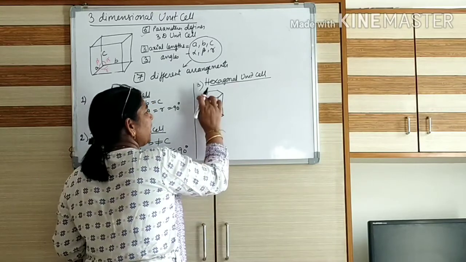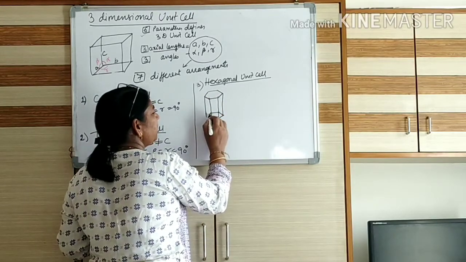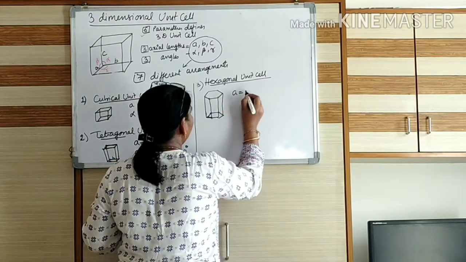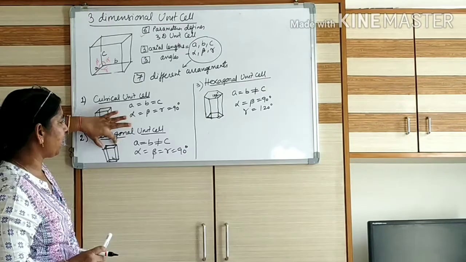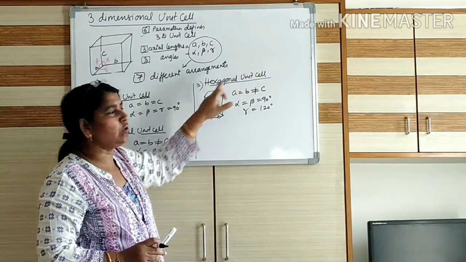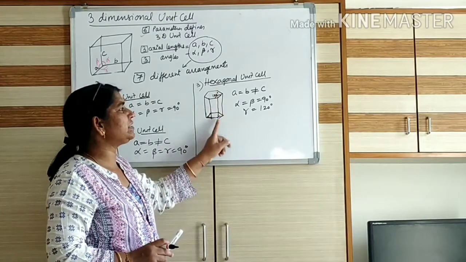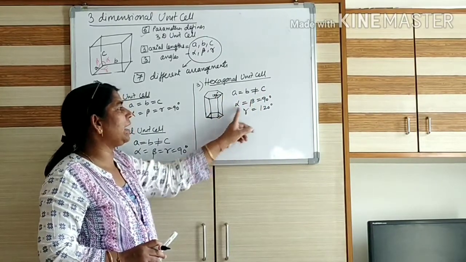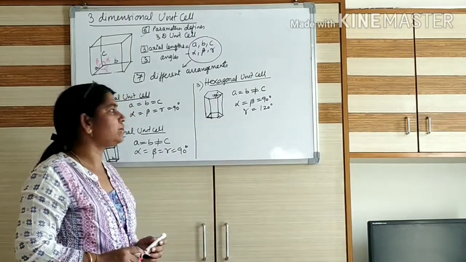Length and breadth remain the same, A equals B, but C is different. So here the angle between A and B is 90, but the gamma angle will be 120.